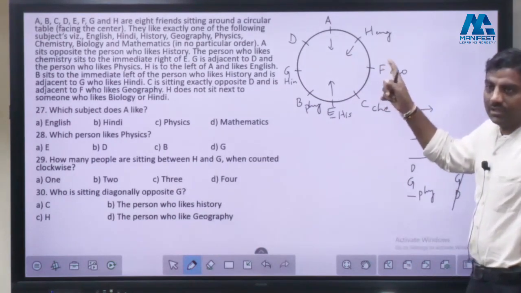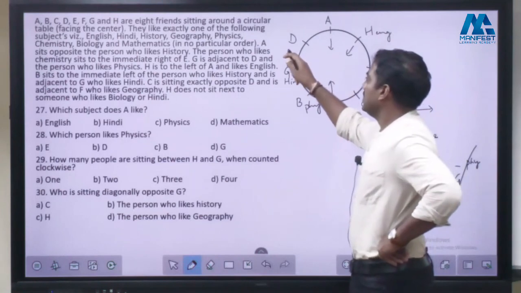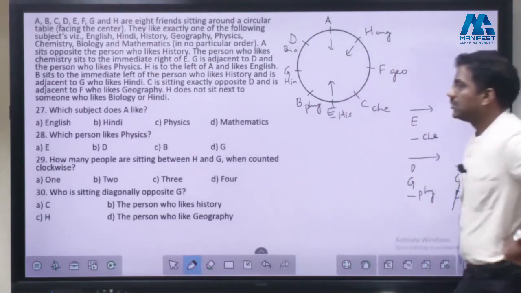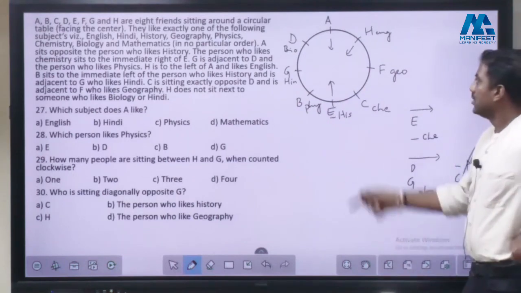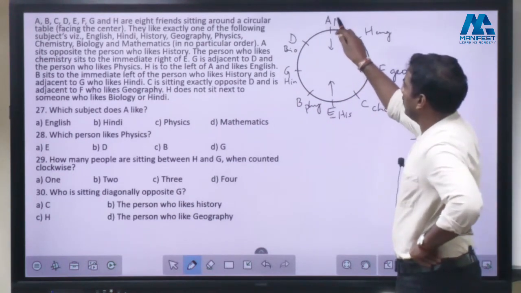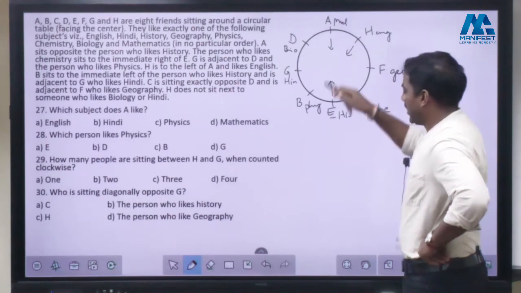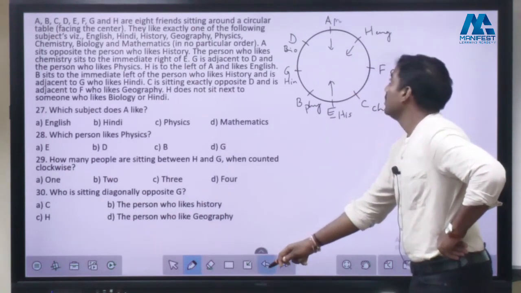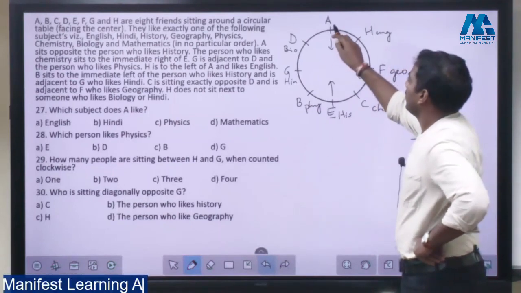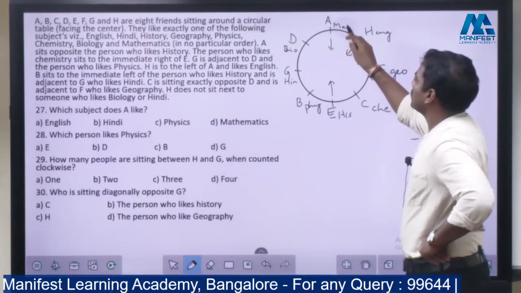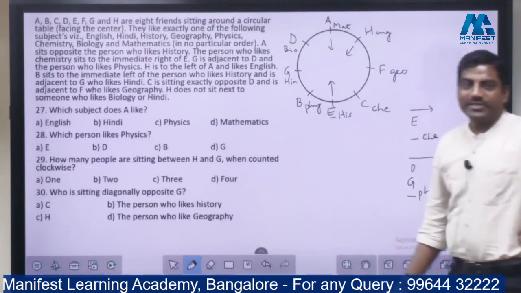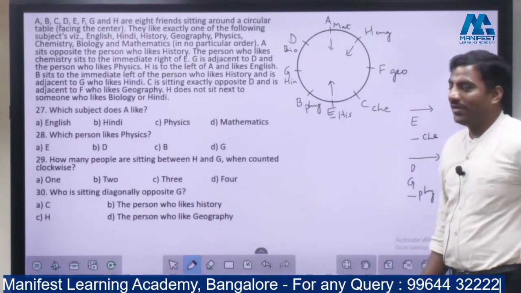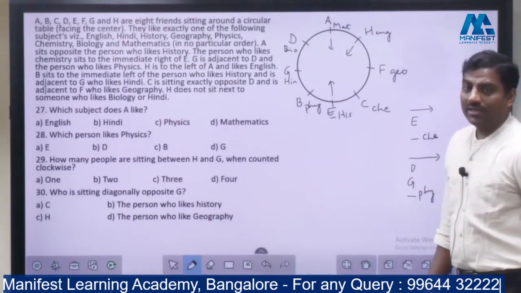Only person left with no choice is D. So, D will like biology. Then which? So, maths is always an orphan. People don't take it by choice, they will take it only by force. So that is the case with A now. So the diagram is done.